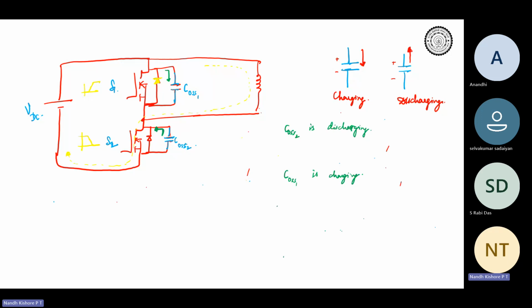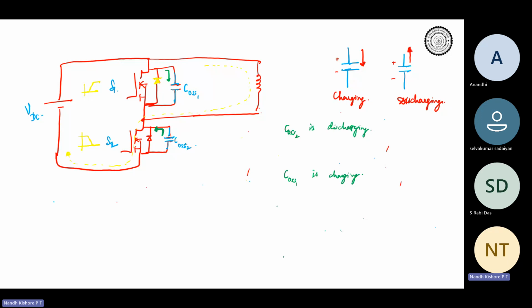Right? Okay. So now can you tell me what will be the path for the discharging current to flow? How would the discharging current of COSS2 flow? What is the easiest path? Current always follows the easiest path.